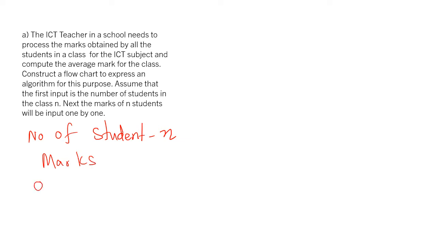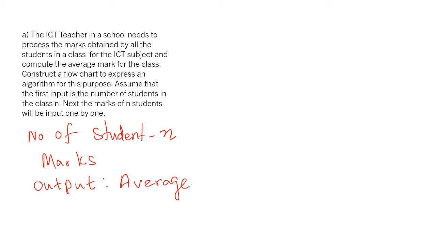And then you have to output the average. So that's what you need to do. If you write these things properly, you know what the inputs are, the little bit of processing that needs to be done, and the output is also given. This is what we call analyzing the situation.